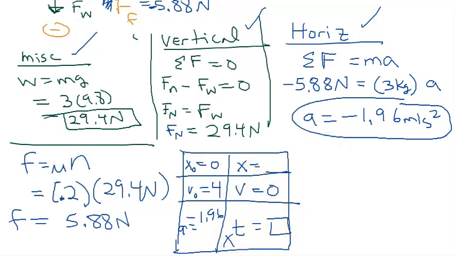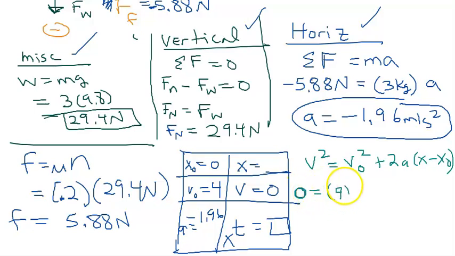So I would suggest we are going to use the equation with no time. Okay, it came to rest. It started with a speed of 4. Don't go on autopilot and use 9.8, use 1.96. X final is what we want, minus X naught, which is nothing, so there's just a little bit of X in there.